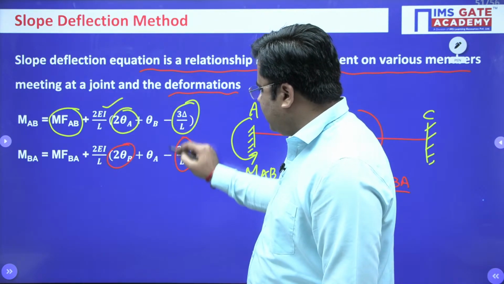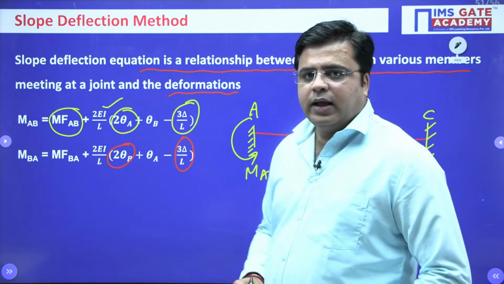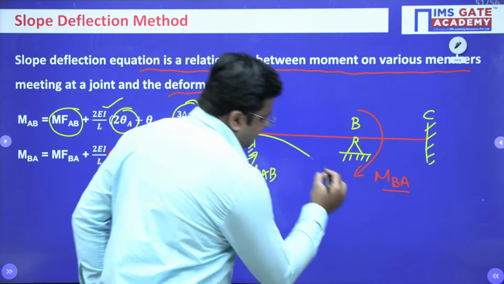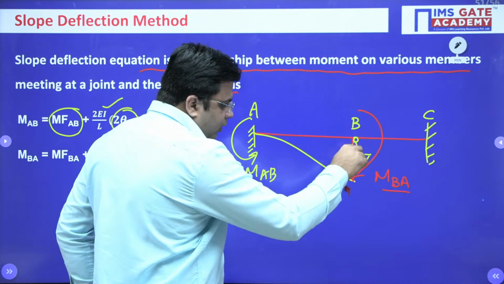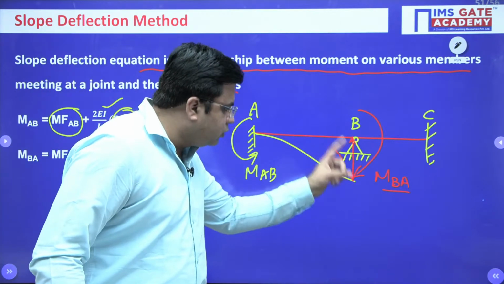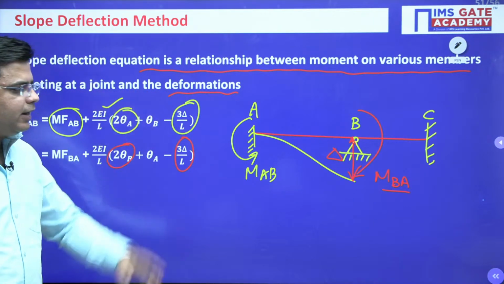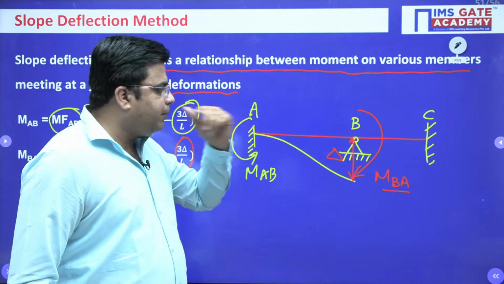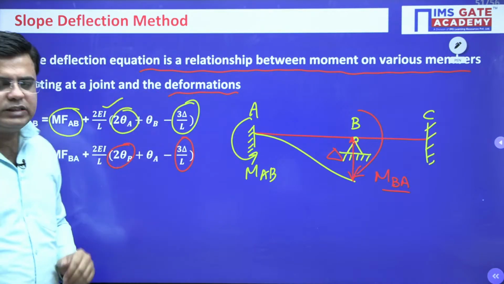Always keep a check that in both the equations, the 3 delta by L term is along with the minus sign, when the delta happens like this. We consider the sinking of support B lower than support A. In this case only, this minus sign will be there with 3 delta by L, right? If the other case is happening, that is end A is sinking more than end B, then you will accordingly change the sign, right?